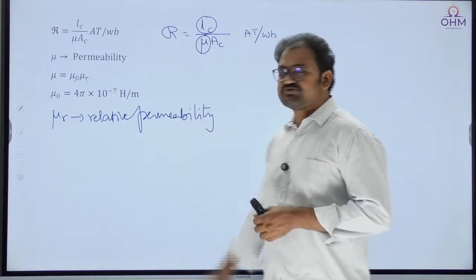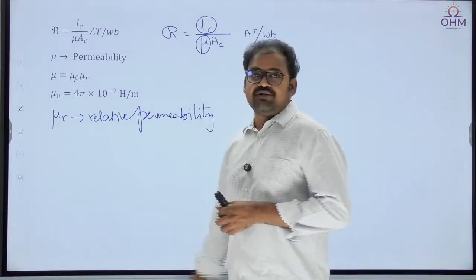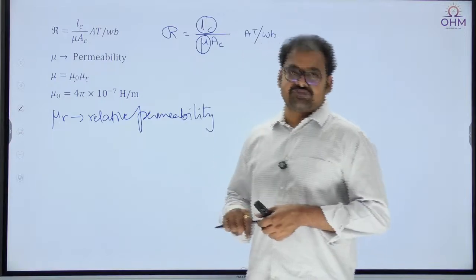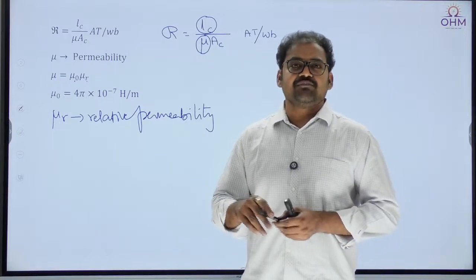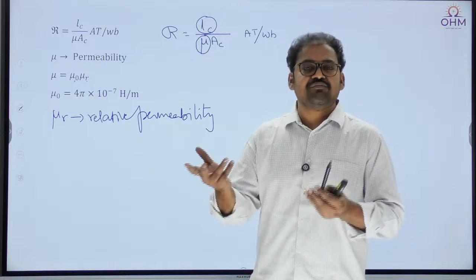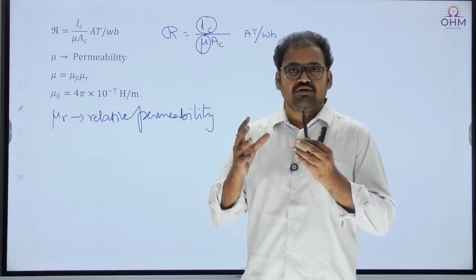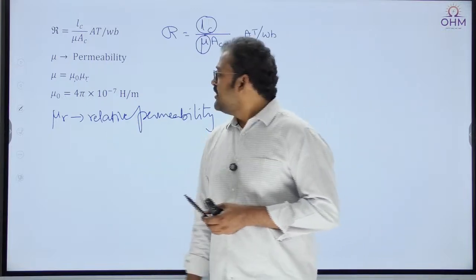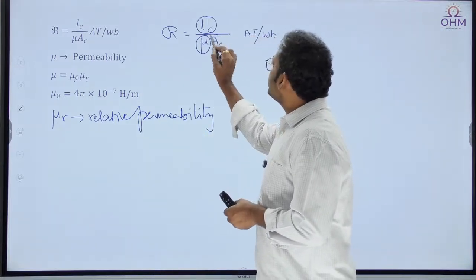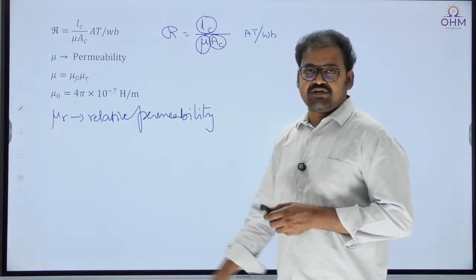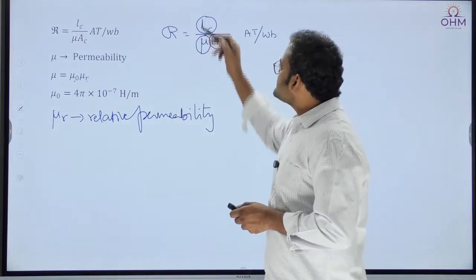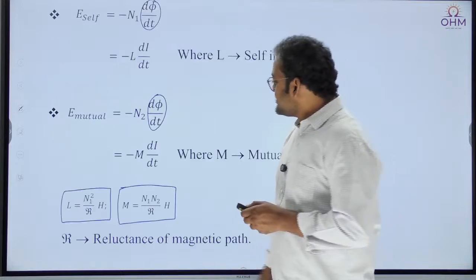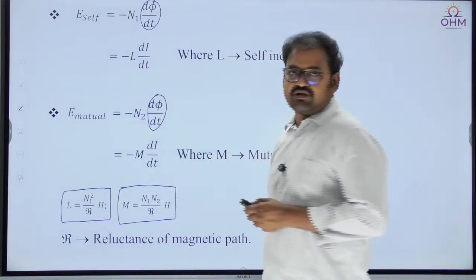It is a unitless quantity, and it will depend upon the medium that we are using. Are we using a steel medium or iron medium, or what type of medium for the magnetic flux path? That will decide the relative permeability. And then the cross-sectional area, the core cross-sectional area. So these three factors will decide the reluctance, and reluctance will decide both self-inductance and mutual inductance.